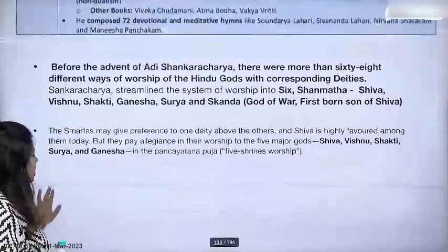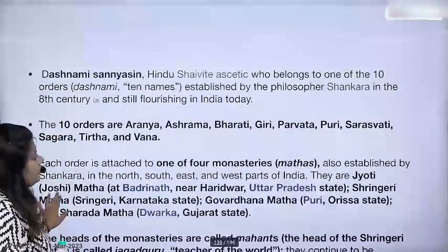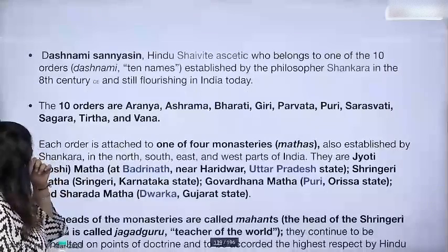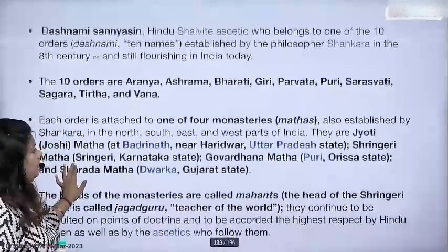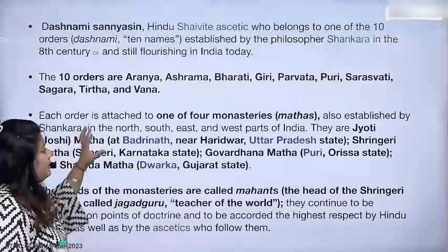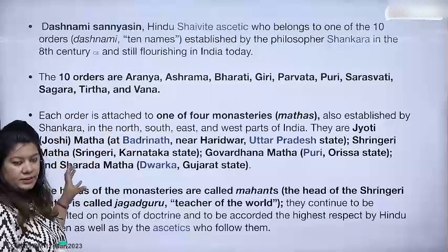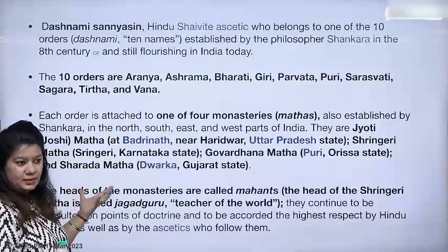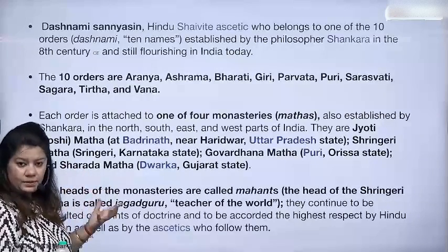Then comes your Dasnami or Dashnami, Sannyasin or Samvratay. So basically these are those who believe in Shiva worship, right? So what Shankaracharya did was that he made 10 orders. 10 orders mean 10, right? He made 10 orders of learning for his disciples.